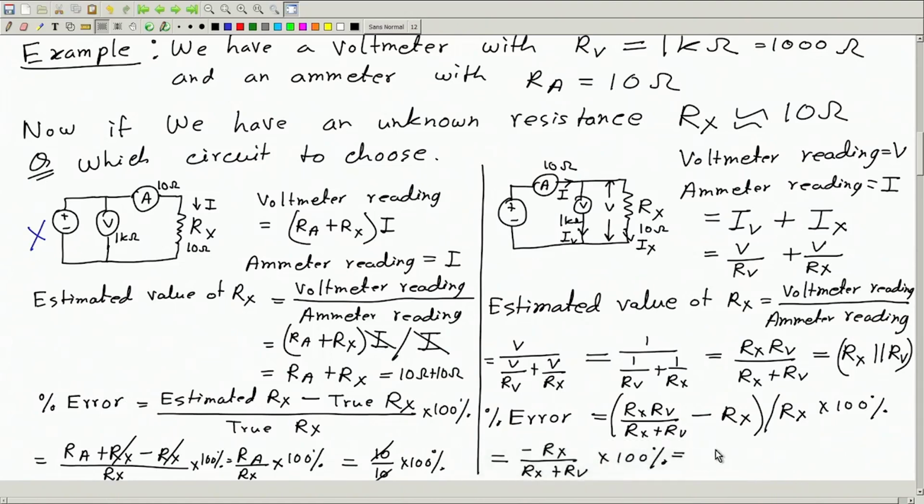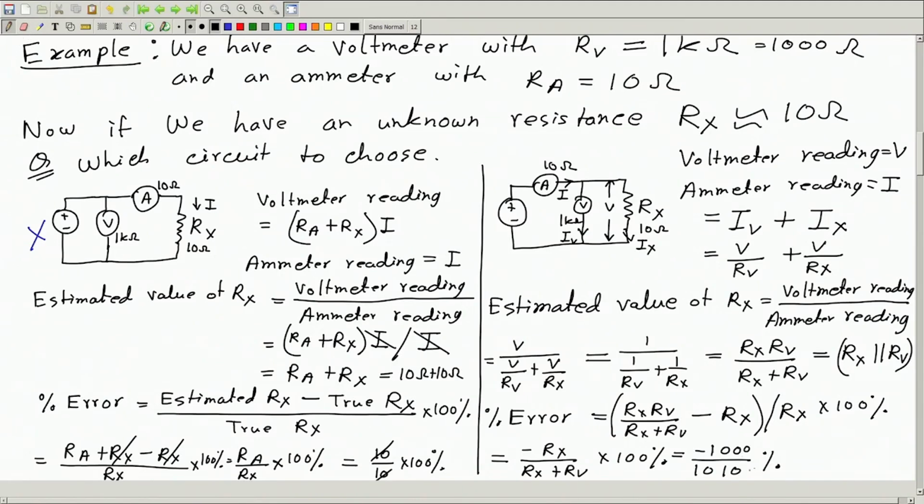So now let's put the values. Rx is 10 by 10 plus 1000, so 1010. I'm ignoring the minus sign, or we can put it. So this is this much into 100%. So let's put 2 more zeros for 100 percent.